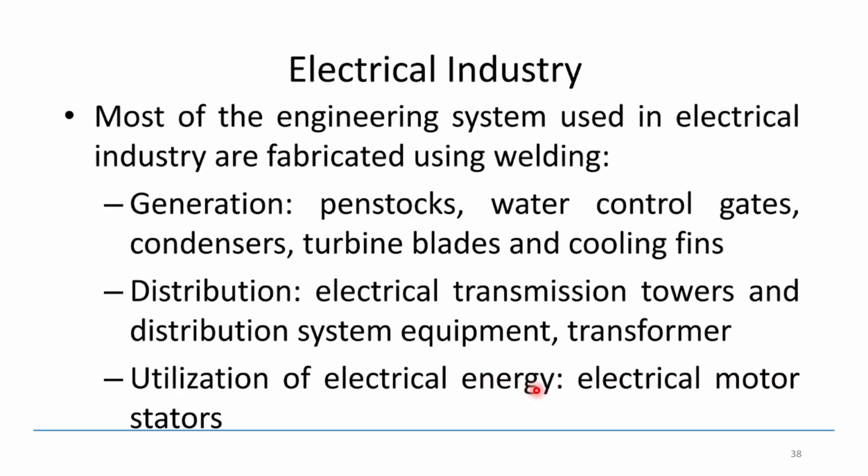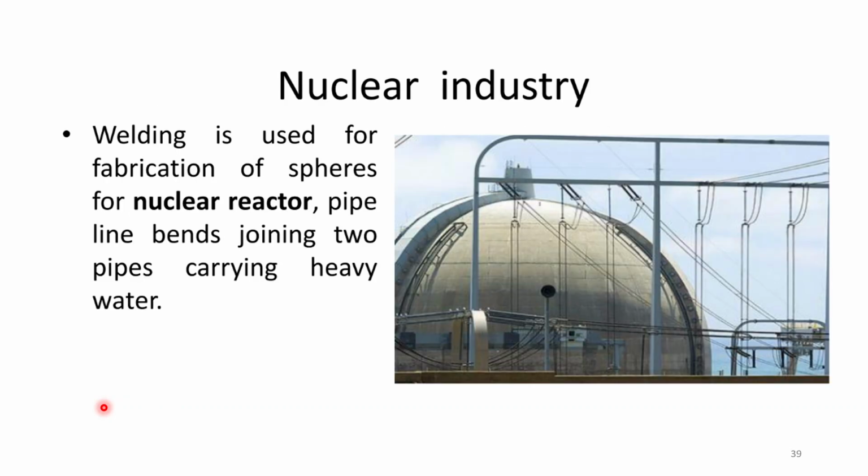Utilization of electrical energy, so electrical motors, stators, these will also use welding. Nuclear industry, so welding is used for fabrication of spheres for nuclear reactor. Pipeline bends, joining two pipes carrying heavy water.